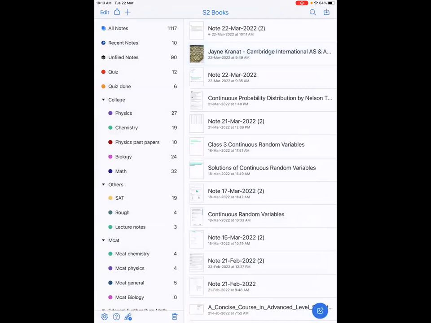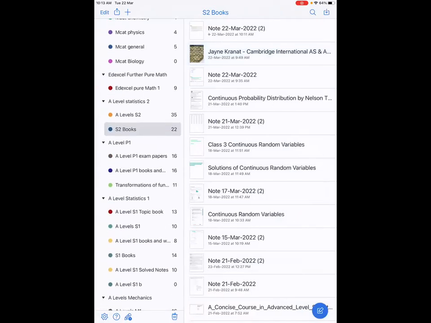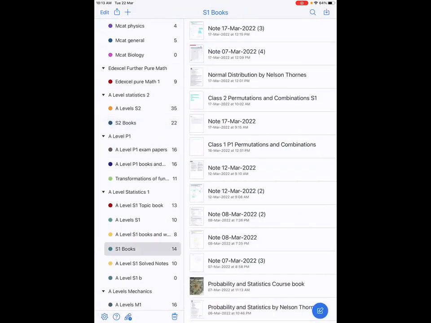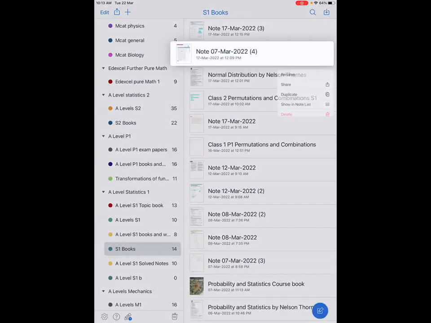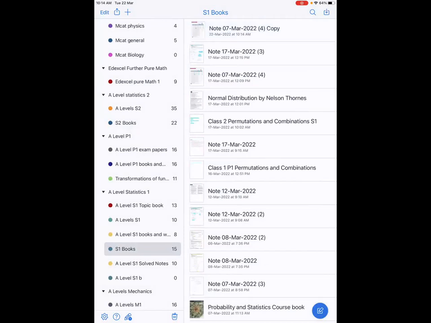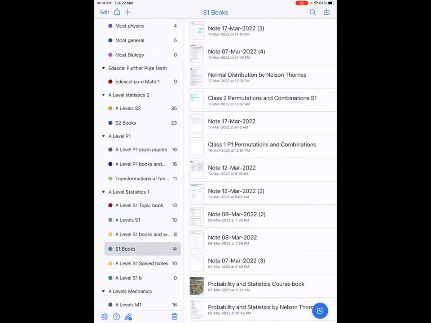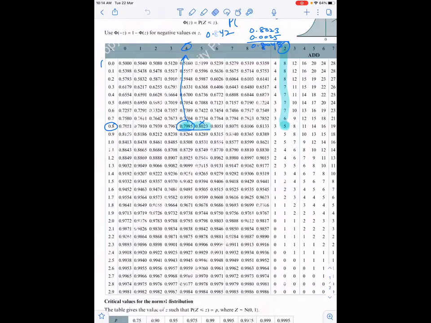Oh, I do remember I have it here in S1. This is a table. Take it.